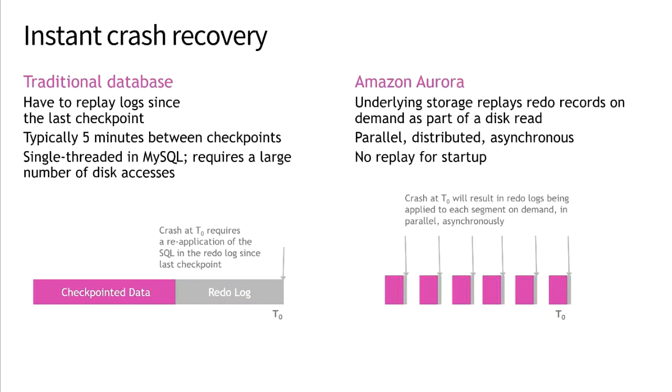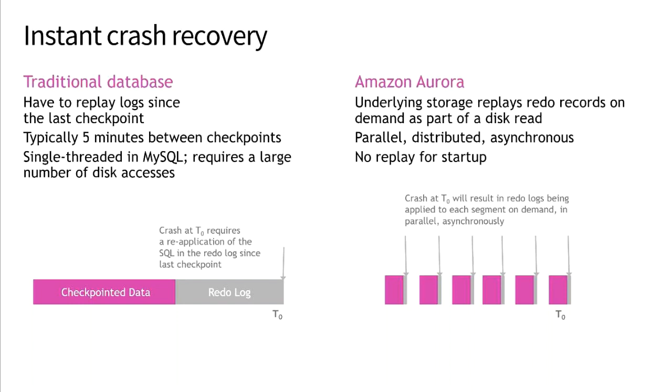In Aurora, which is what you see on the right side, it's actually much quicker because we don't even have any checkpoints. The entire storage system is continuously applying these records as part of both the write process and on demand when you read from the database. This happens in parallel across all of those nodes in the storage fleet.